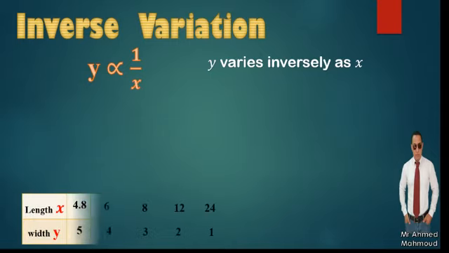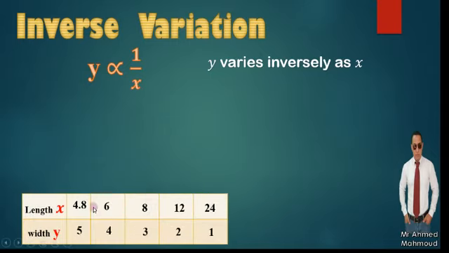Now, by using the previous example or the previous relation between x and y, let's conclude the rules of the inverse variation. The first rule: we are going to change this symbol into m, like this, y equals m over x.